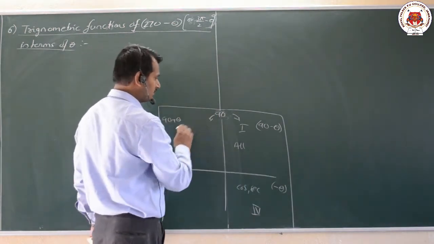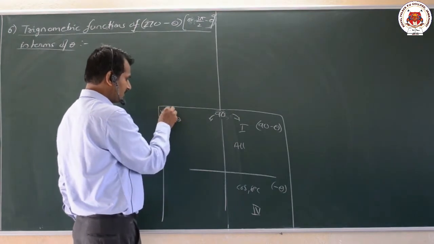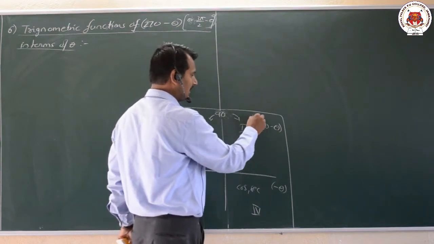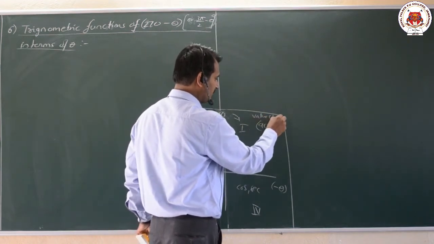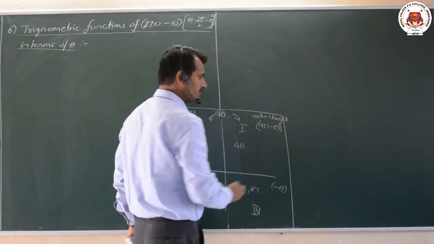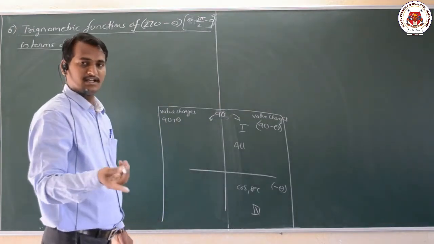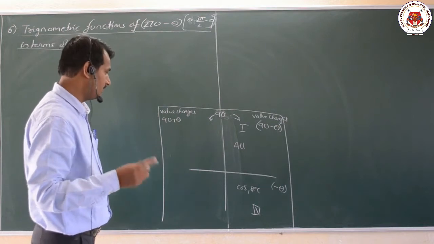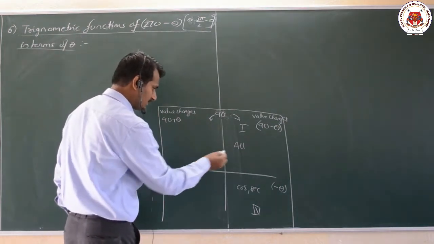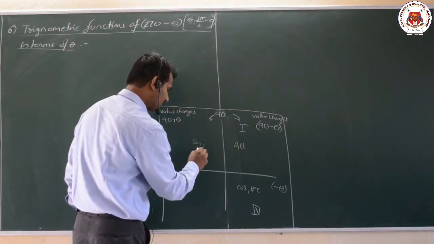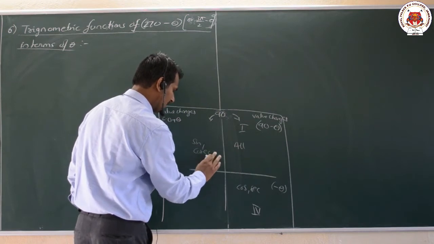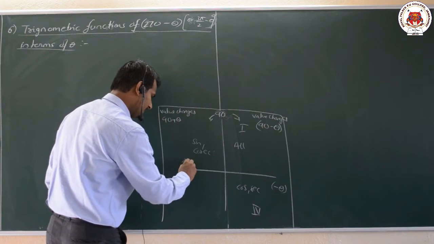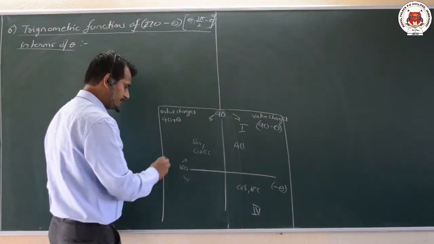For 90 plus theta the value changes. Value changes means sine to cos, cos to sine, tan to cot, cot to tan, secant to cosecant, cosecant to secant. Here sine and cosecant are positive. Then here it is 180 minus theta and 180 plus theta. For 180 the value remains the same, in both 180 minus theta and 180 plus theta.